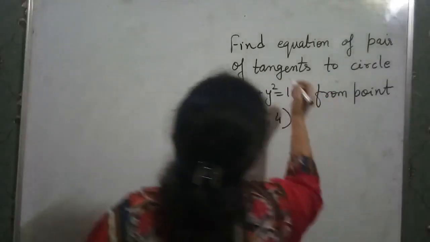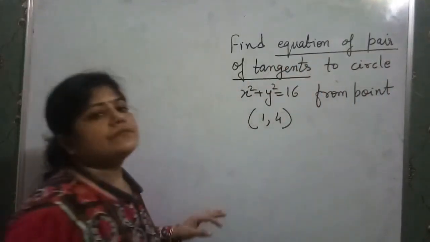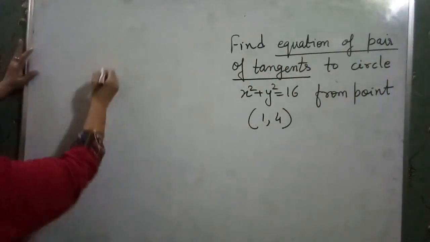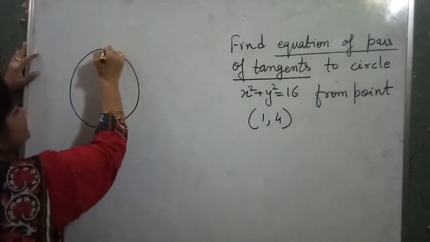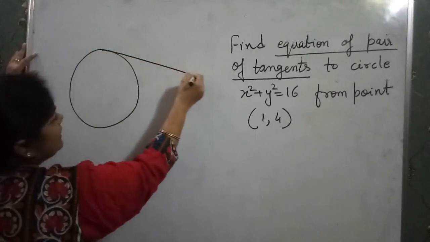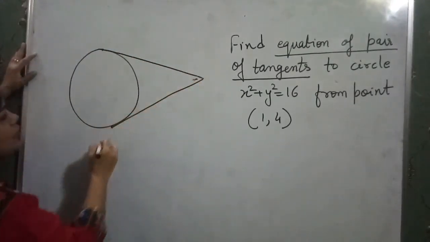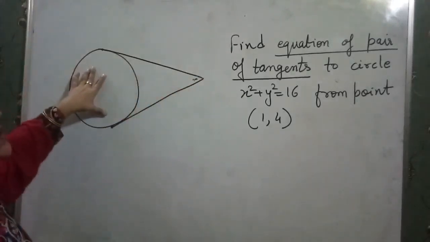Now we have to find the equation of the pair of tangents. That means if we draw a circle and from a point outside the circle we draw tangents, then a pair of tangents can be drawn from this point to the circle.